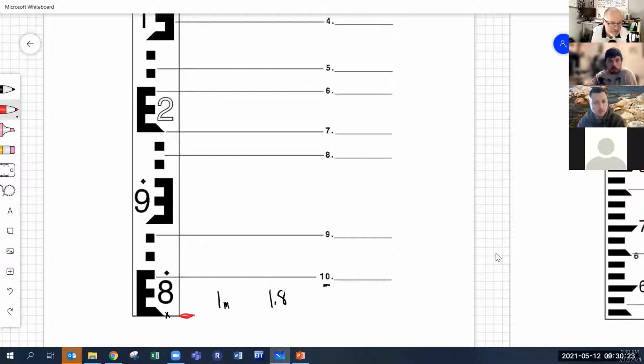That's 1.8 meters. So this is 1.81, 1.82, 1.83, 1.84. So that's going to be 1.84. And now you see it is just above the line of 4. So we estimate that, and I could say 1.842.